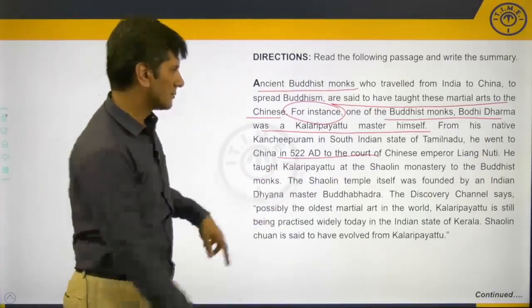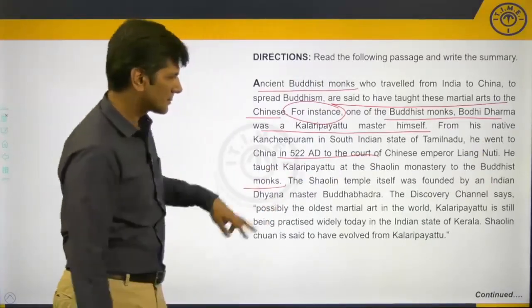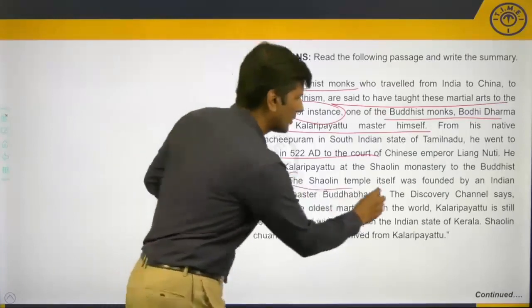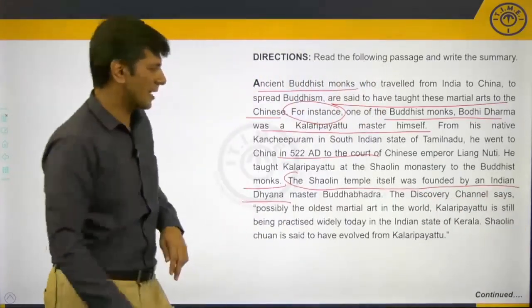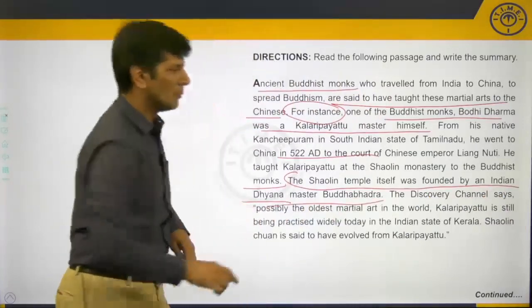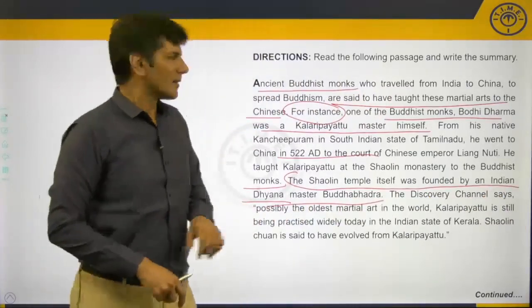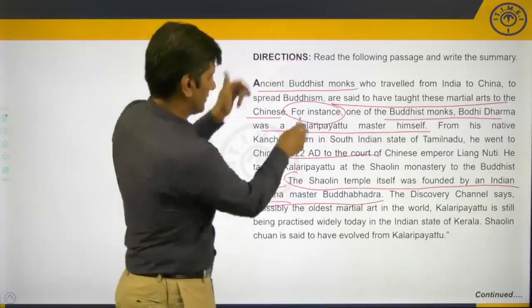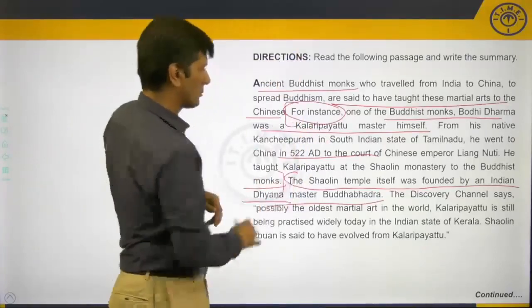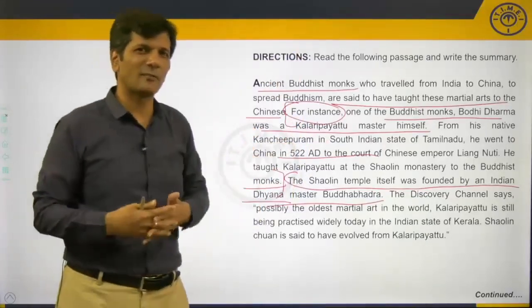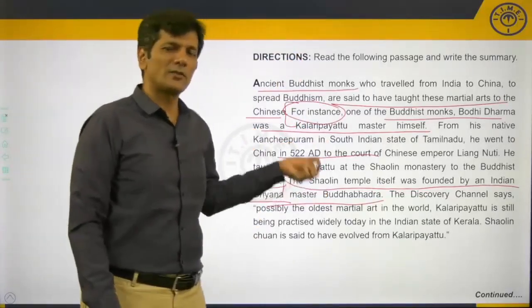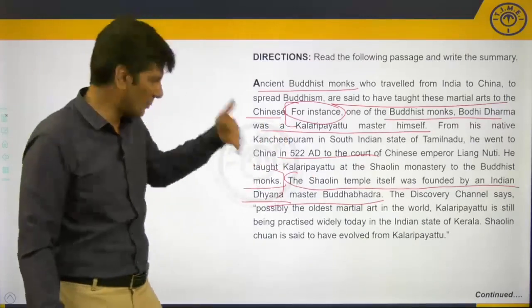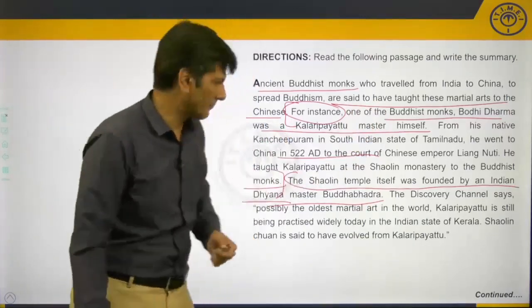He taught the Buddhist monks. The Shaolin temple itself was founded by an Indian Dhyana master, Buddhabhadra. So, up to this point, for the instance till this monks, there's really nothing that we can call a key takeaway. Here is one interesting point which tells us that the Shaolin temple itself was founded by an Indian.